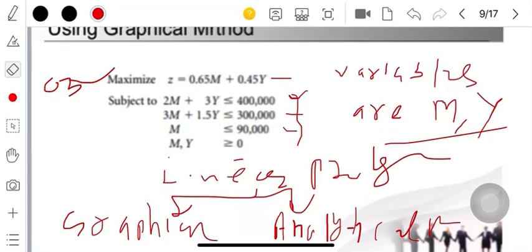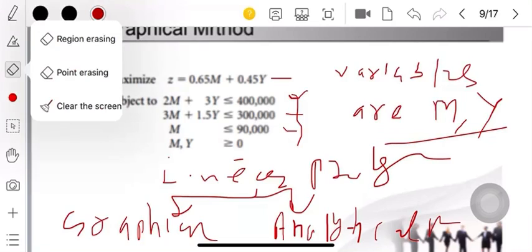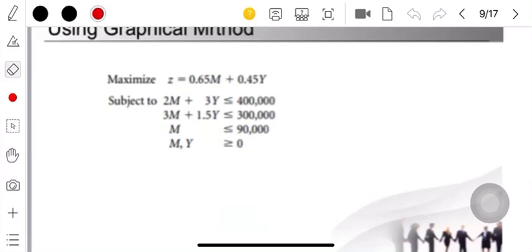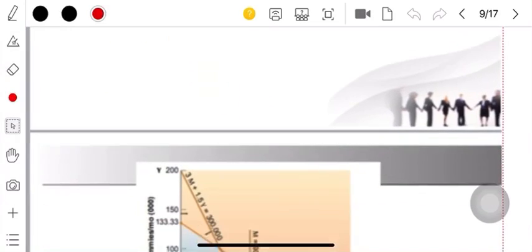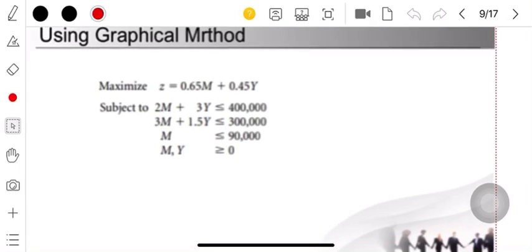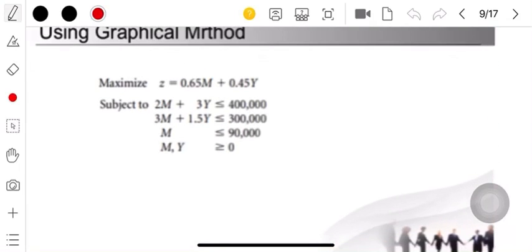What you need to do for the graphical method, in a simple case, is first draw these constraints. Take the first constraint, 2m plus 3y less than or equal to 4 lakh.